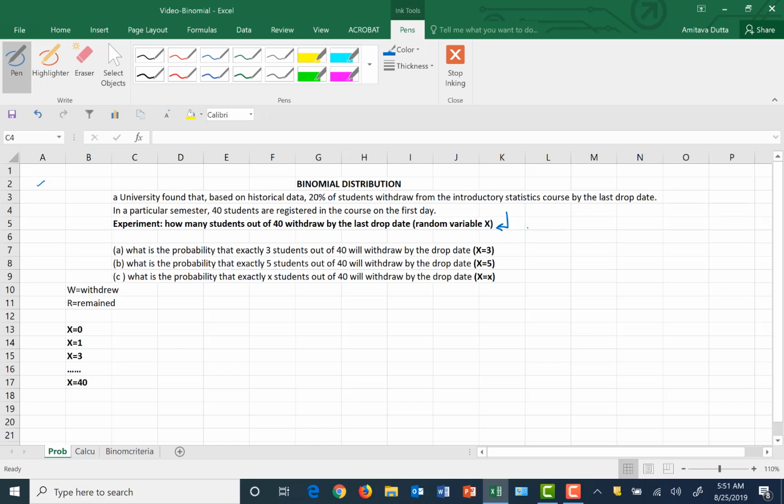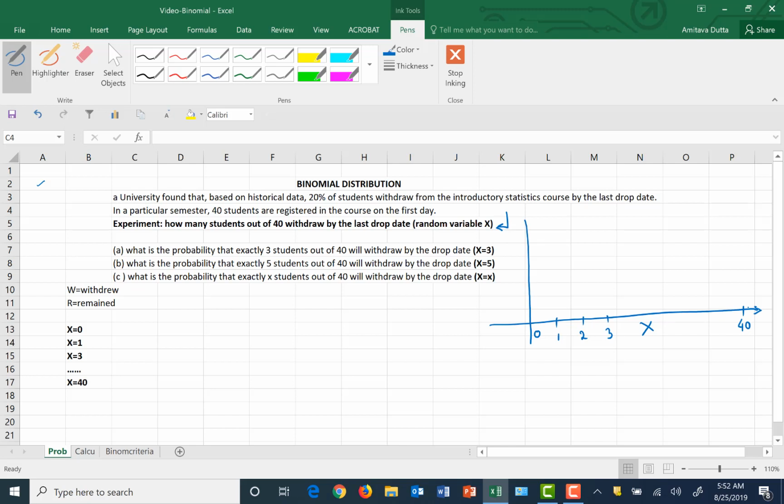So if you think of this experiment, what are the possible outcomes? What does the sample space look like? Here's the outcome of the experiment represented by the random variable x. X can take the value 0, 1, 2, 3, all the way up to 40. Obviously, more than 40 students cannot drop the course because there are only 40 students in the course.